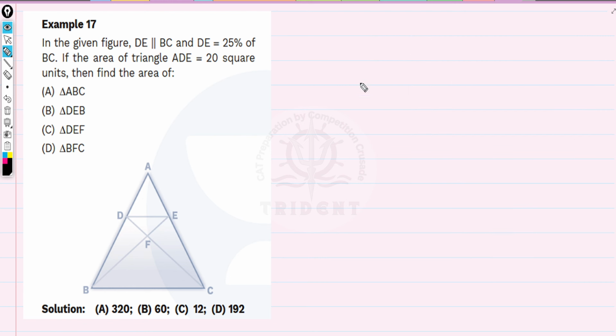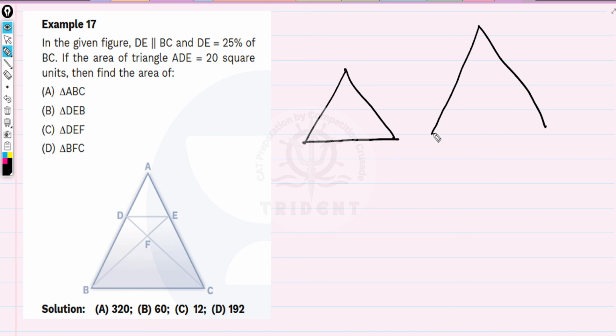The other part is that there is a property of similar triangles that helps you compare the areas of two similar triangles. Suppose, although this looks more like a samosa, just for the sake of it, please understand: ABC and PQR. I'm not proving it, but I know beforehand that ABC is similar to PQR.